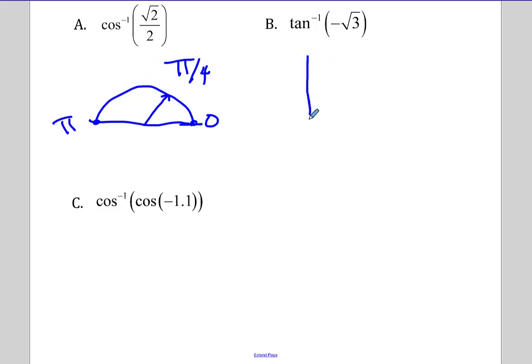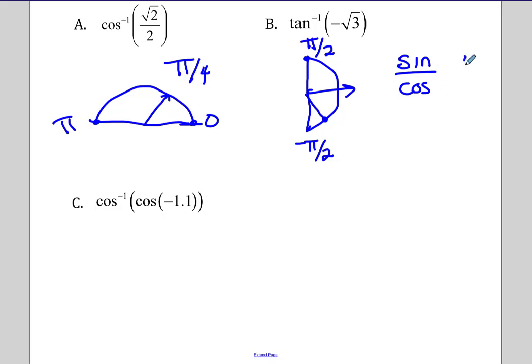Tangent is restricted like sine is, and we can only answer in quadrant 1 and quadrant 4. Our answer has to be a value between -half a pi and +half a pi, and tangent is opposite over adjacent, or sine over cosine, if you think about it that way, or the y value over the x value.